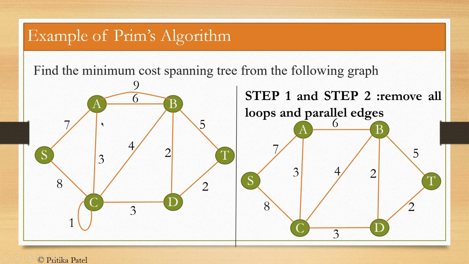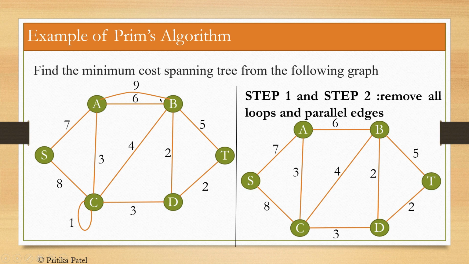Here one graph is given, having vertices S, A, B, C, D and T, and all the edges have some weight. Here some multiple edges are also there.